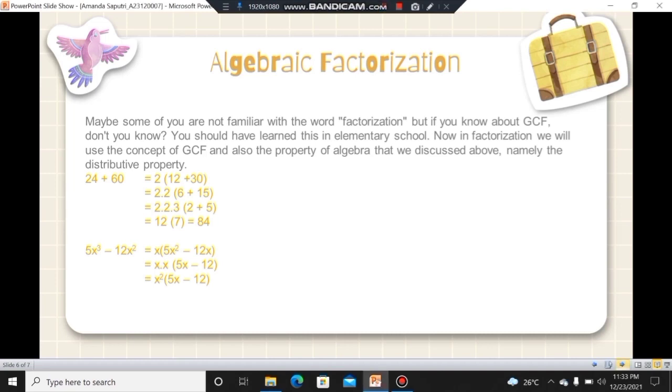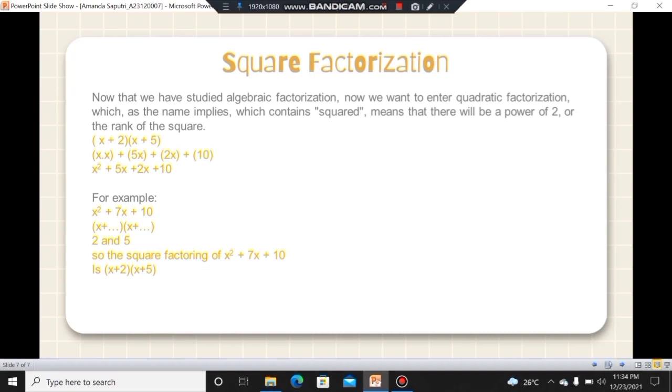And next, quadratic factorization. Now that we have studied algebraic factorization, we will enter quadratic factorization, which applies to forms that contain squares, meaning there will be a power of 2.